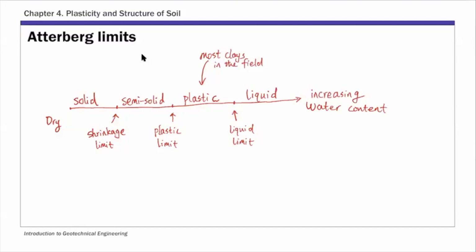So think of something like Play-Doh, it's more like plastic. And then these three, shrinkage limit, plastic limit, and liquid limit, together, they are called the Atterberg limits. So these are basically Atterberg limits. And I'm going to define each of these limits in more detail. And also I'm going to go over the tests we use to obtain these limits for a given clay.